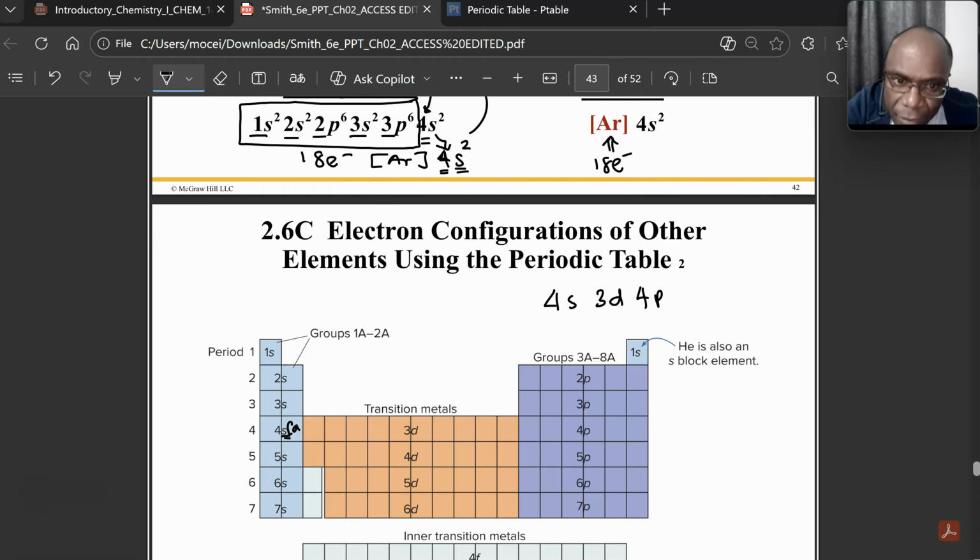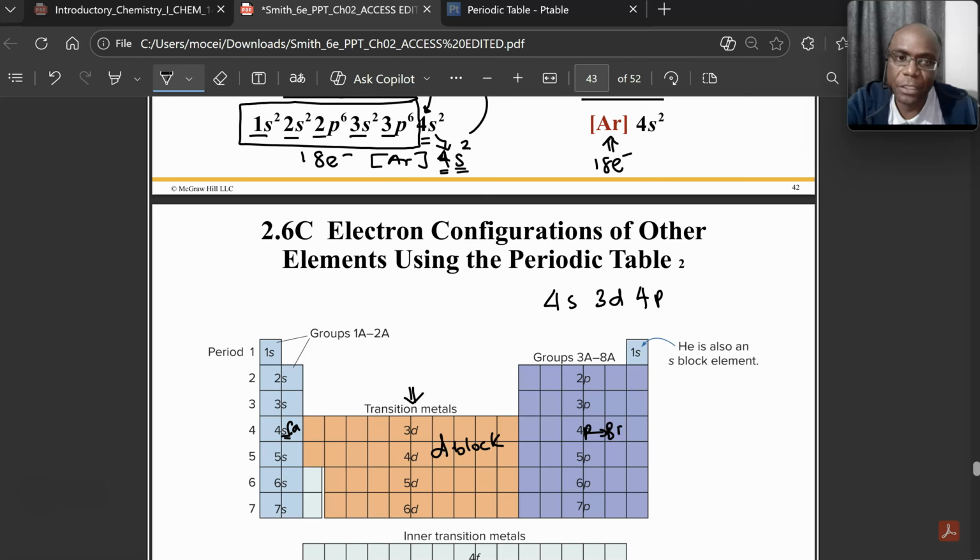So bromine is somewhere right here. It's a 4p, or it's a p block element, while calcium was an s block element. If you do the electronic configuration of transition metal elements, you'll always end up with d orbital. So transition metal elements are d block elements.